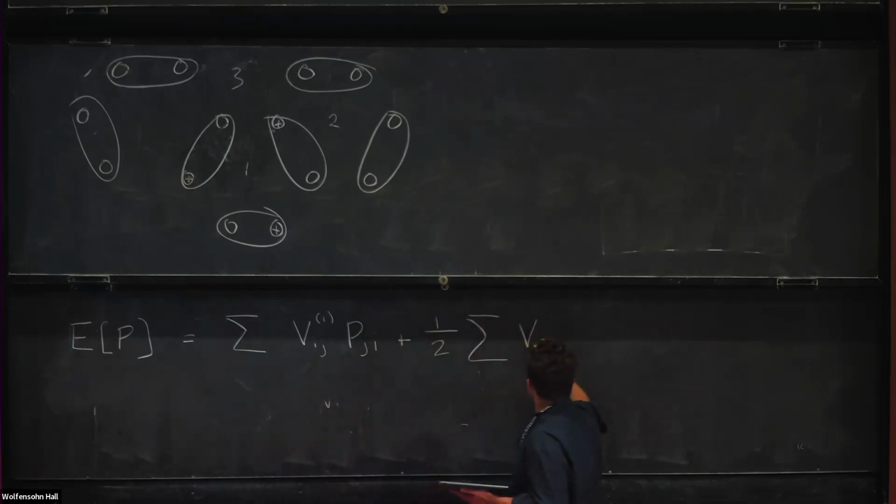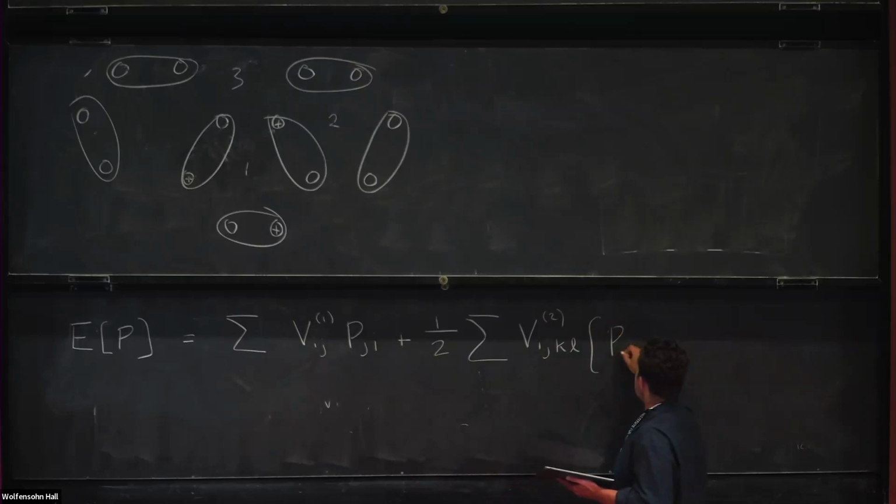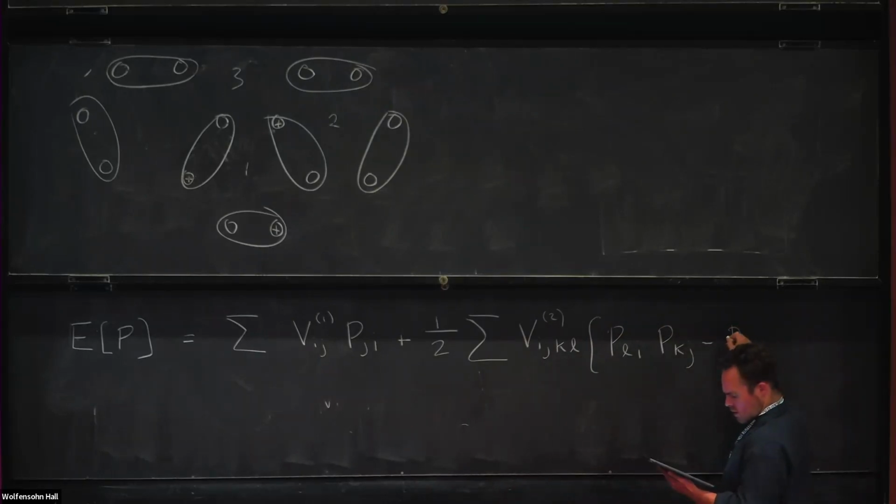I had this general V_ijkl over 2. And then I write in this P_li P_kj minus P_lj P_ki.